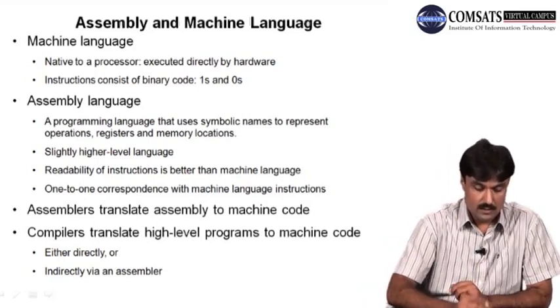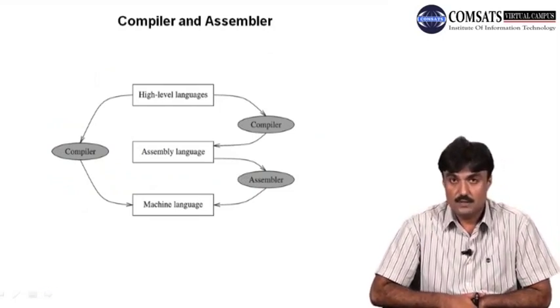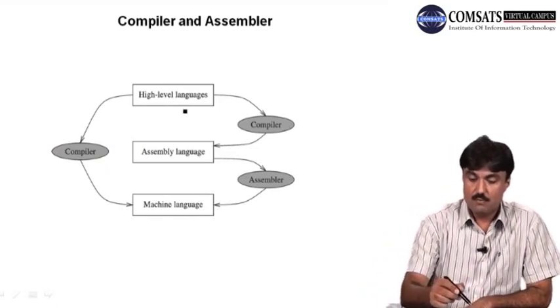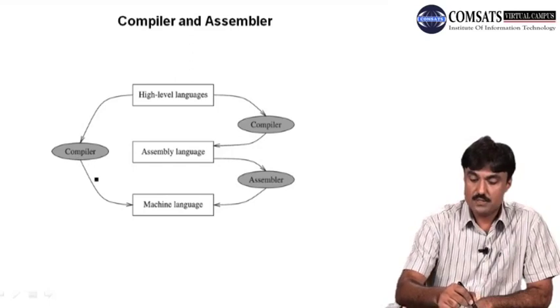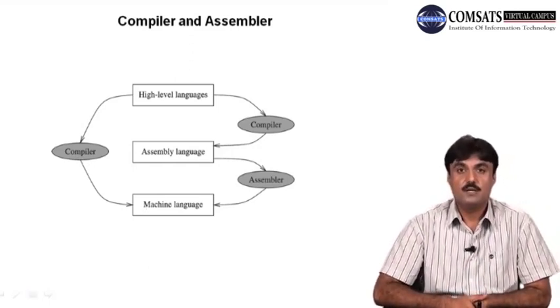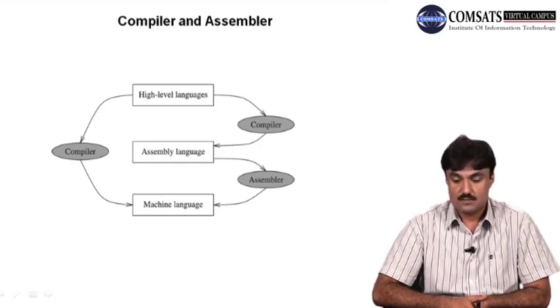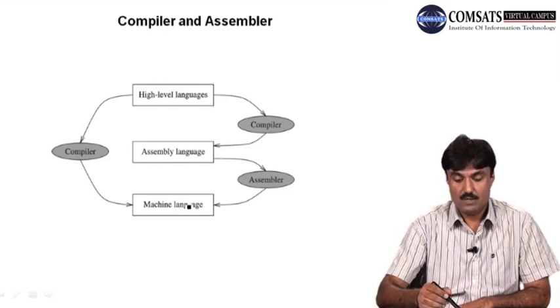Here you can see in the next slide the relationship between the compiler and assembler. From high-level languages, sometimes the compiler directly converts the code into machine language, so the program can be executed on the machine, because machine language is directly understandable by the hardware.